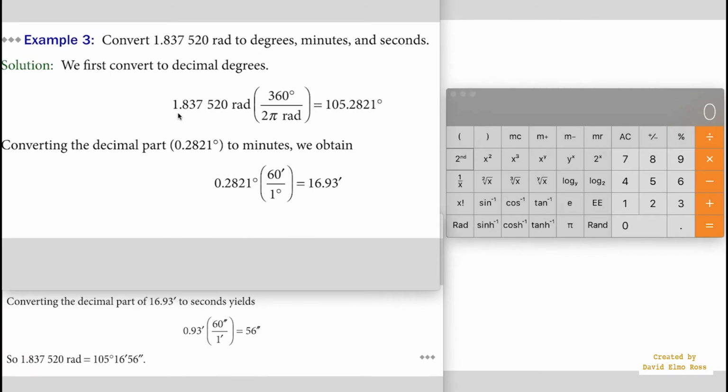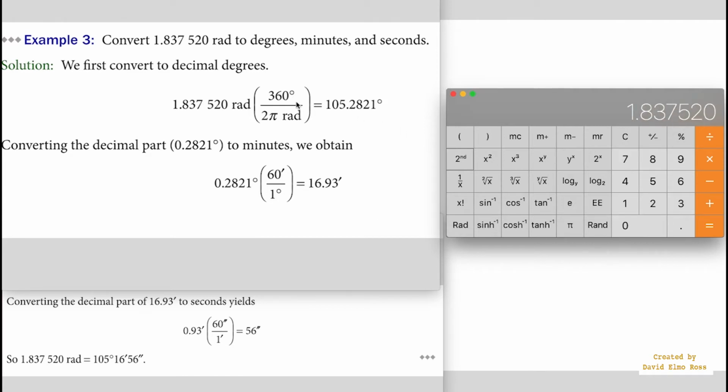Let's see how we'd go about converting 1.837520 radians to degrees, minutes, and seconds. First thing we have to do is convert it to degrees. So let's put in our number, 1.837520.